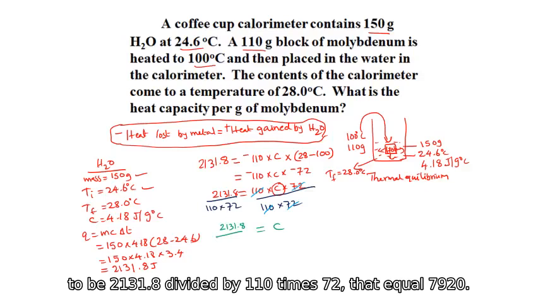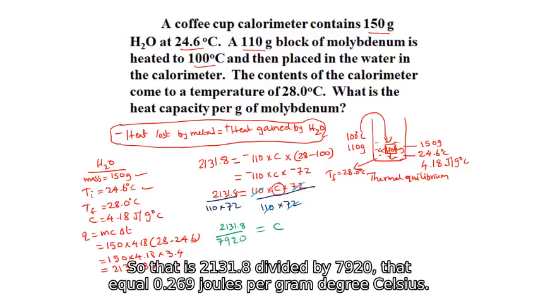That equals 7,920. So that is 2131.8 divided by 7,920, which equals 0.269 joules per gram degree Celsius.